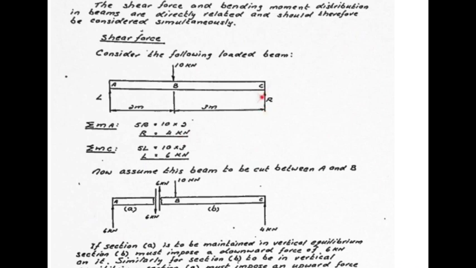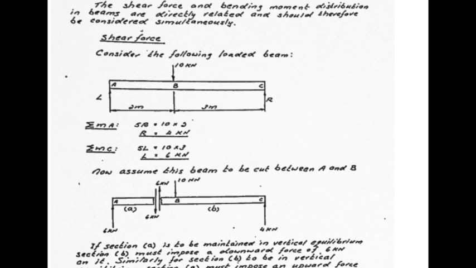So over here R is 4 kilonewtons upwards. Take moments about C and do the same to find L at 6 kilonewtons.